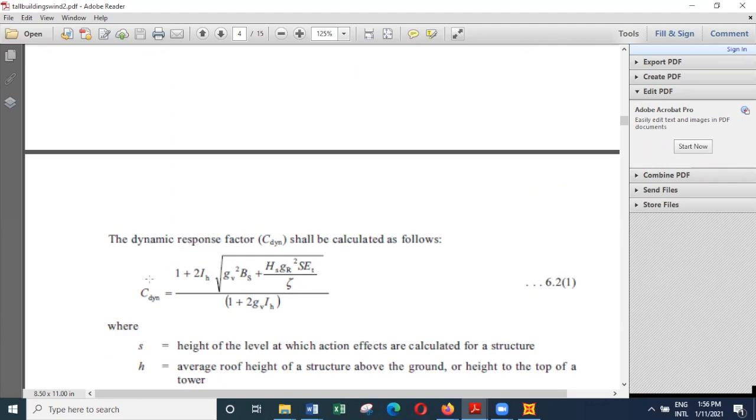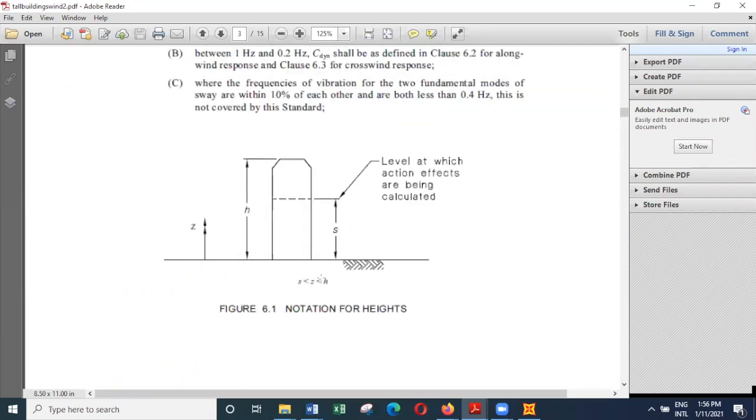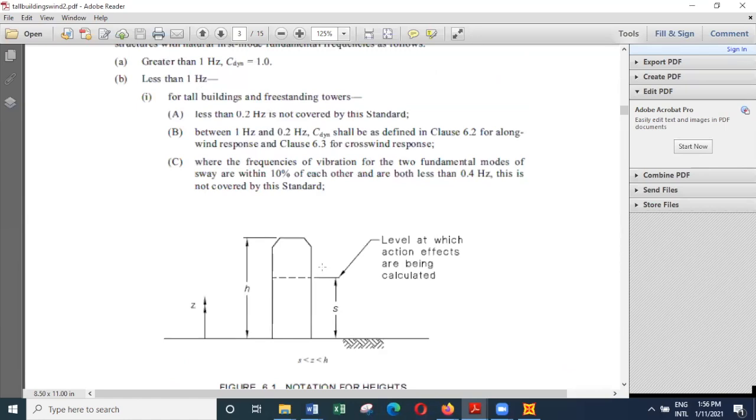So we'll get ourselves familiarized with these equations first, so that after that we'll be able to use them easily. First let's see what is meant by all these different parameters.